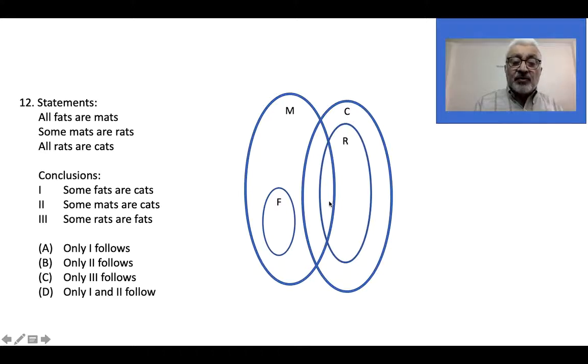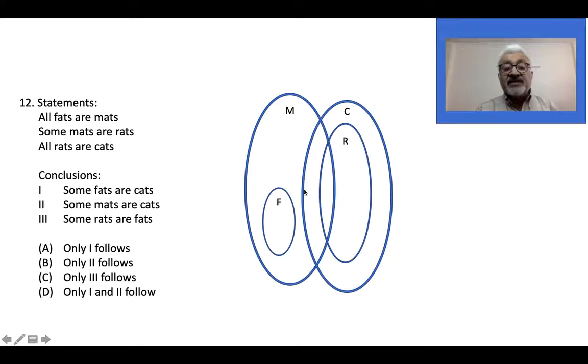Therefore, this overlap also represents cats. So, although we are saying that mats are overlapping with rats, because rats are inside cats, this is also an overlap with cats. Therefore, some mats are cats becomes true or not? Yes.